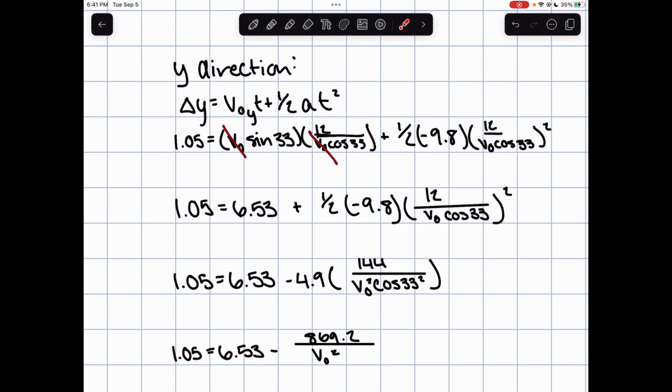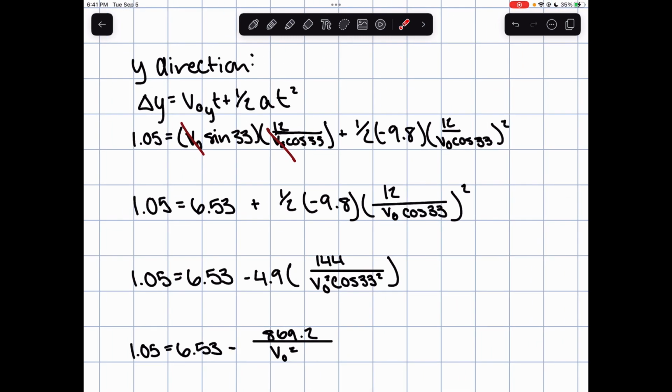So then you get 1.05 still equals 6.533 after you multiply these two and then divide by cosine 33, plus 1/2 of negative 9.8 times 12 over V naught cosine 33, squared.